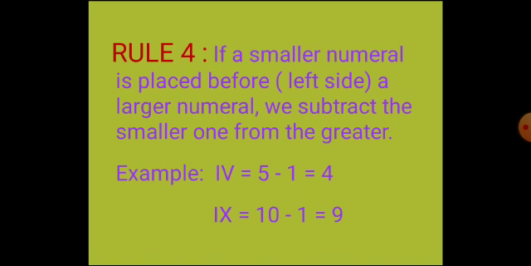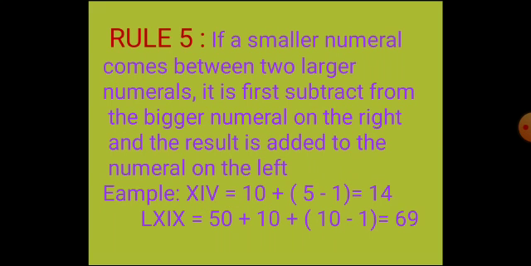That I is placed on the left side of X. That means the smaller numeral is placed to the left side of the larger numeral, so we have to subtract the values. So 10 minus 1 equals 9. To write 9, we write IX. That is the fourth rule, children.